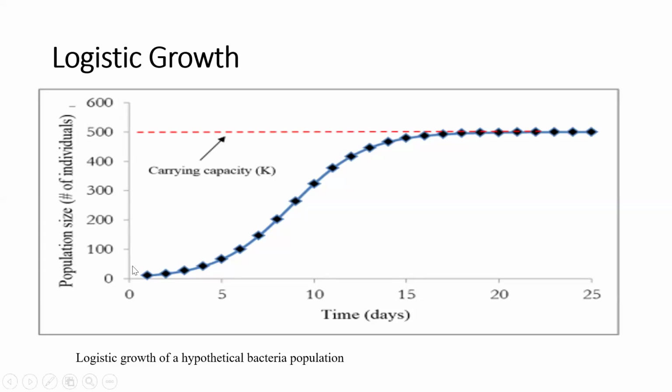In the beginning it seems like exponential growth, and then it reaches some point where the growth rate slows, and it exhibits an S shape instead of the J shape as time goes on. And this is the K, how many individuals the environment can sustain. That's the carrying capacity.